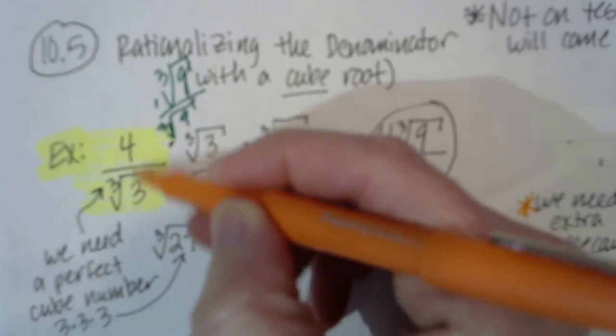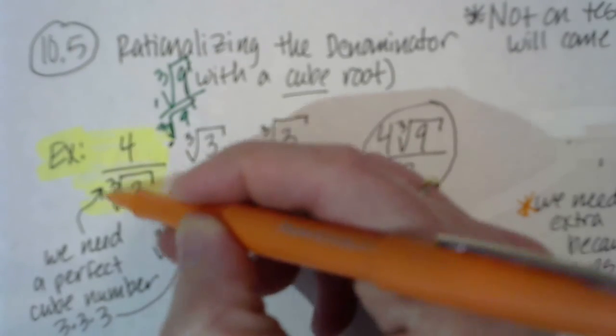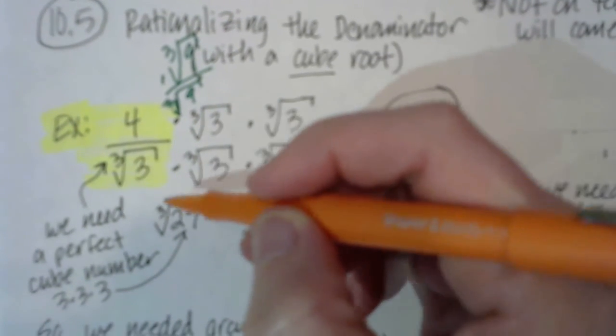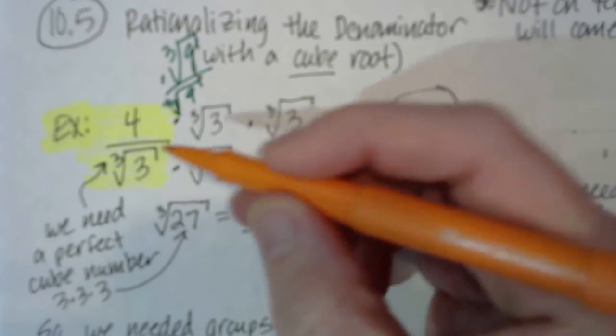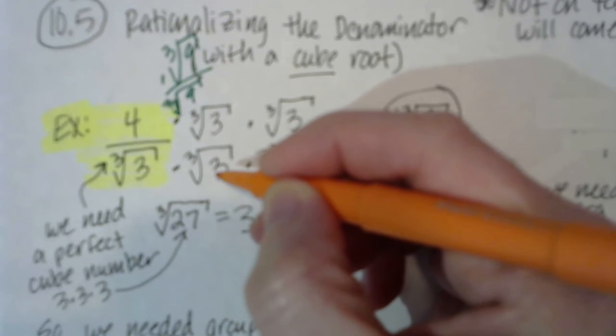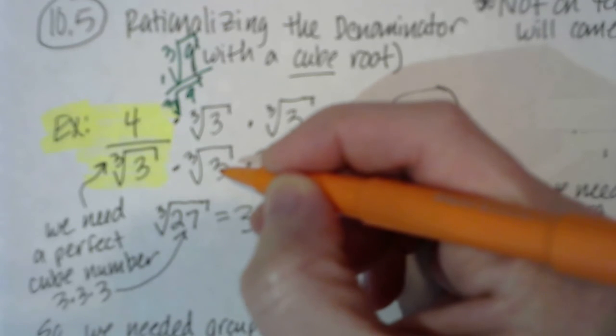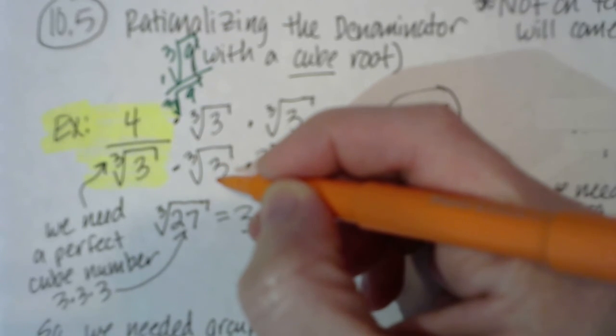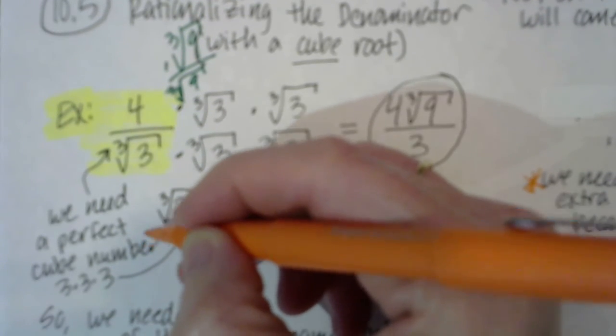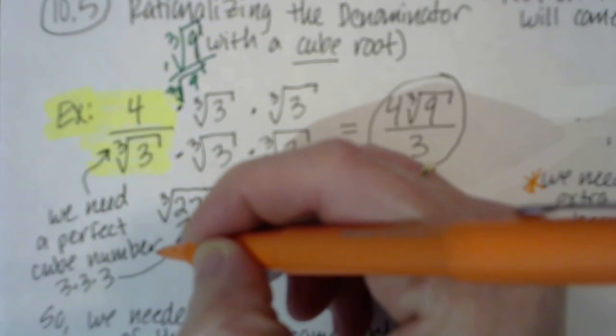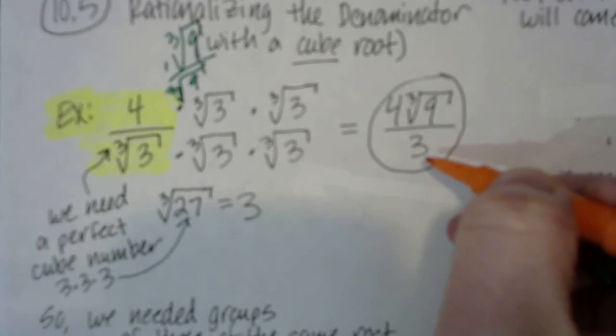So if this is my original problem, 4 over the cube root of 3, if all I did was multiply by one more of these, that would be the cube root of 9, right? 3 times 3 is 9, and 9 doesn't have a cube root. I have to create a perfect cube number in order to be able to drop the radical.